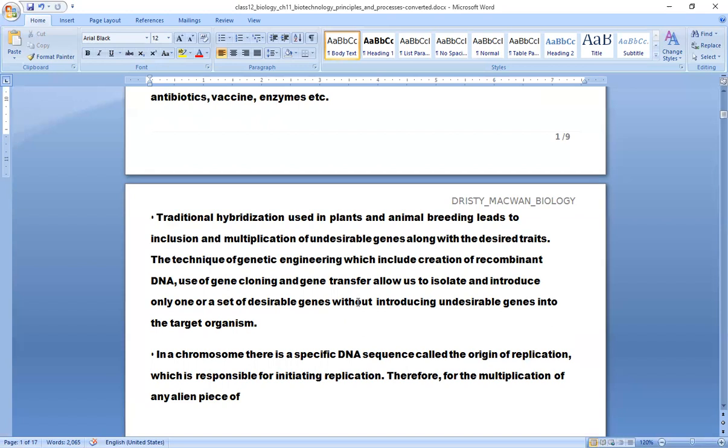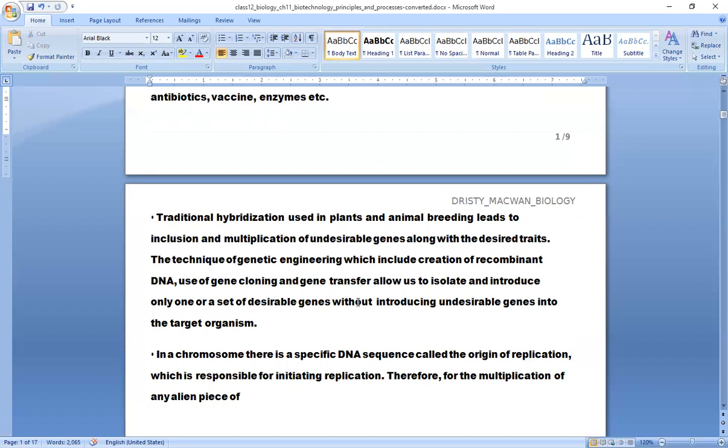And this can lead to the inclusion and multiplication of undesirable genes. So in the ancient times, when people were using traditional hybridization, the undesirable genes were also multiplying in the cells.